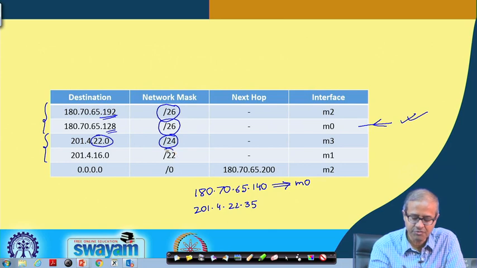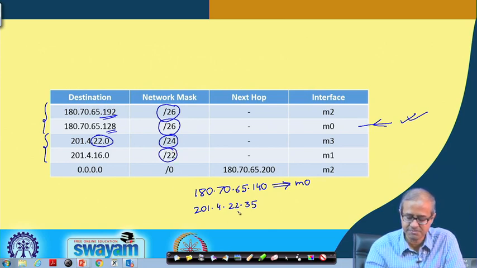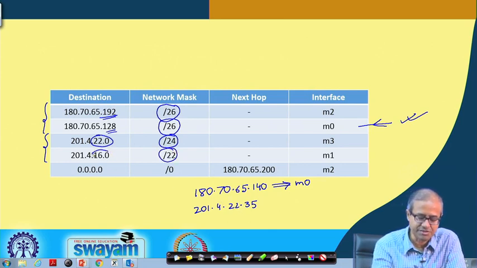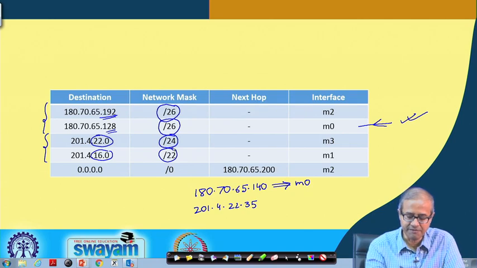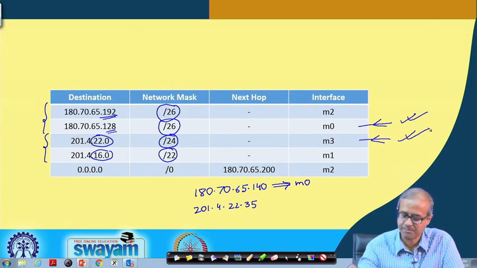If not, you compare the first 22 bits, check whether it matches with 16.0, and then you decide whether there is a match or not. Now, in this example, for the first one, 24, there will be a match. So, there will be a match out here only. So, this will be forwarded over M3.